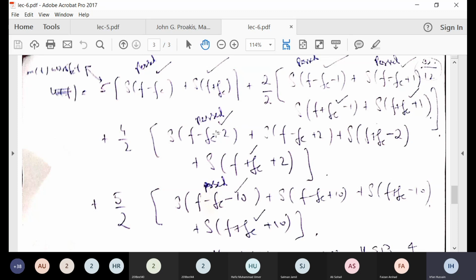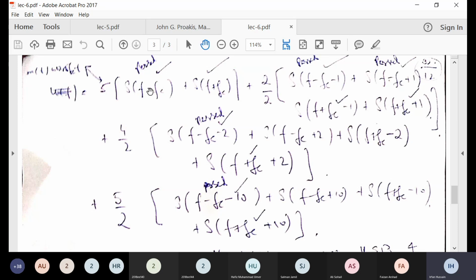This needs to be passed. Similarly, this is also upper sideband in negative frequency. This will also be passed. Similarly, this is upper at fc plus 10. This will also be passed, and this is also upper at negative fc negative 10. This will also be passed. So these four will be passed by our filter.